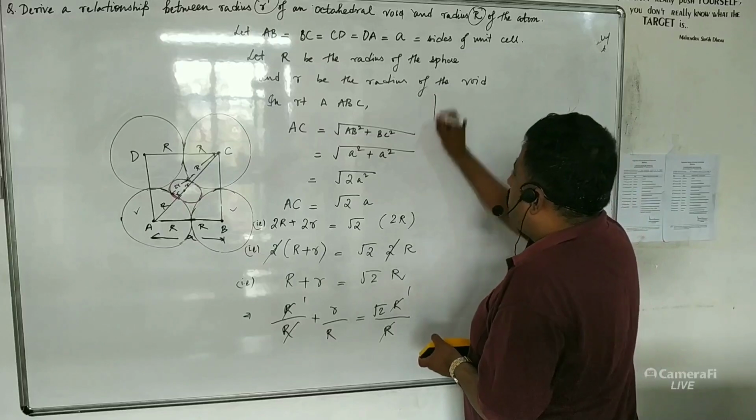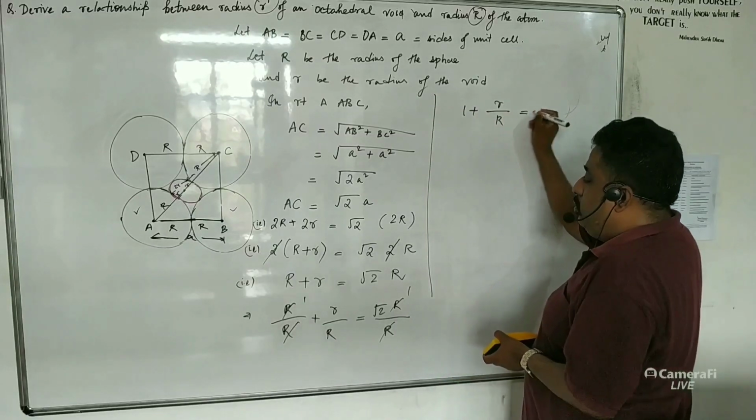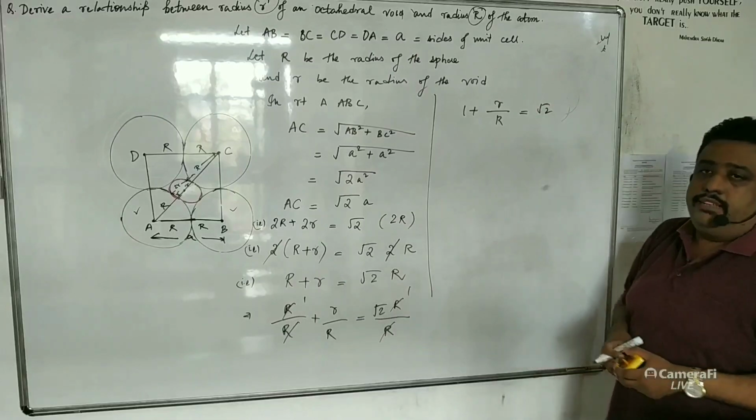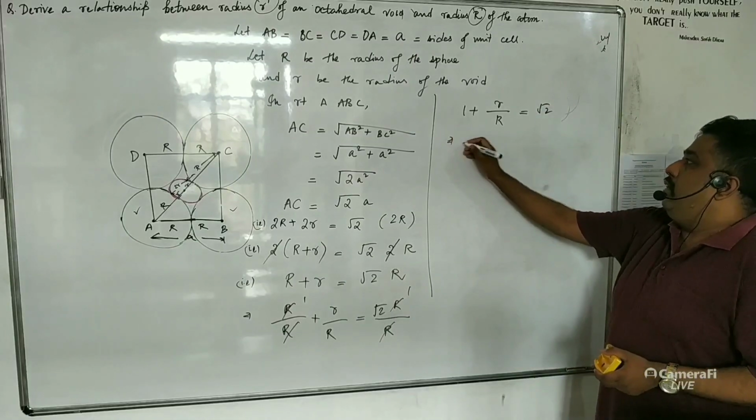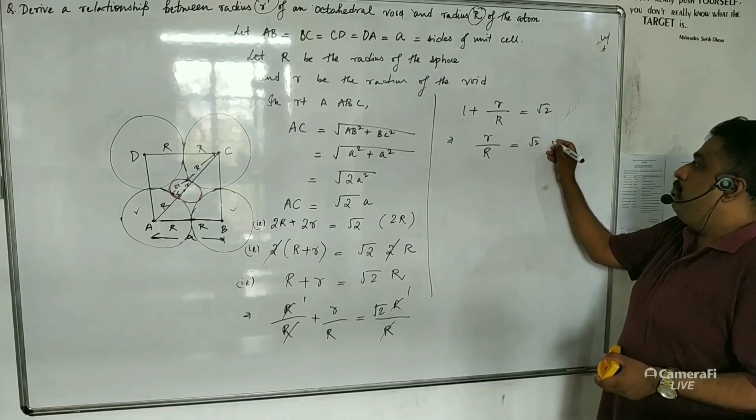What comes, all of you? 1 plus r by R is equal to root 2 will come. Right. Now we can write r by R is equal to root 2 minus 1.